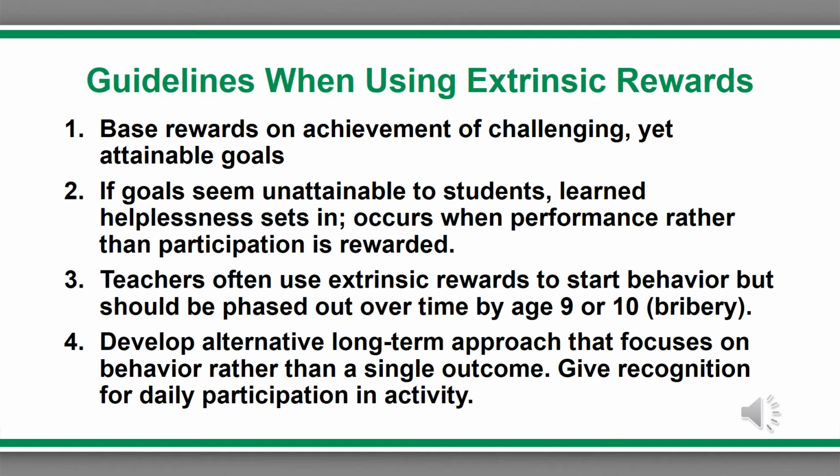Number two, if your goals seem unattainable, then learned helplessness sets in. This occurs when their performance rather than participation is rewarded. Learned helplessness. They can't get it, so, oh, my tummy hurts, or, oh, I turned my ankle, or, oh, I don't feel well. Okay, learned helplessness.